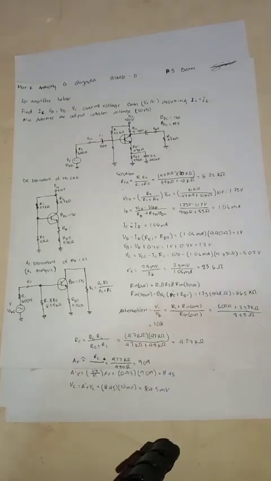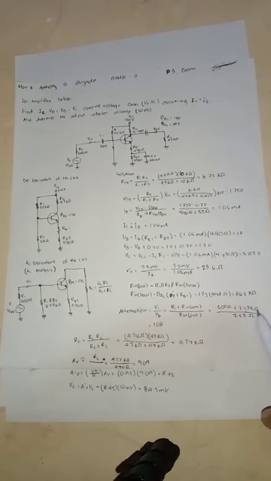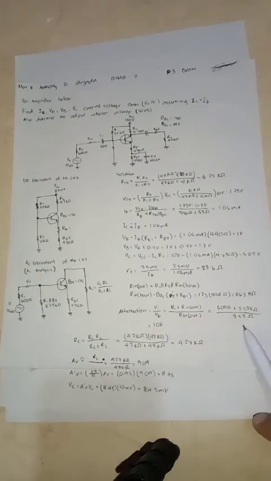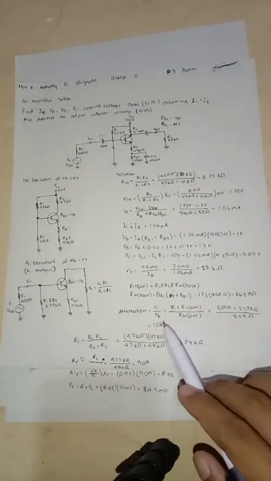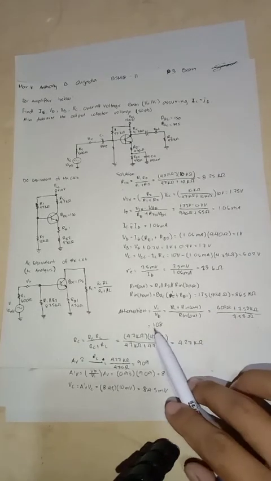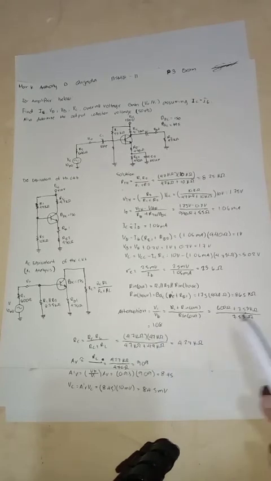So it is the source resistance plus the total input resistance over the input resistance, which is 600 ohms plus 7.53 kilo ohms over 7.53 kilo ohms. And now we have our value of 1.08.